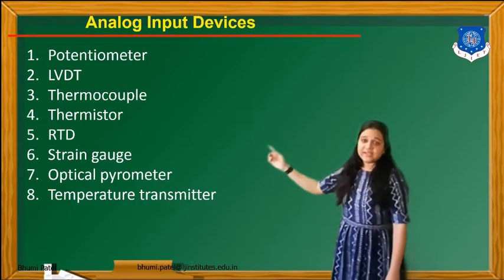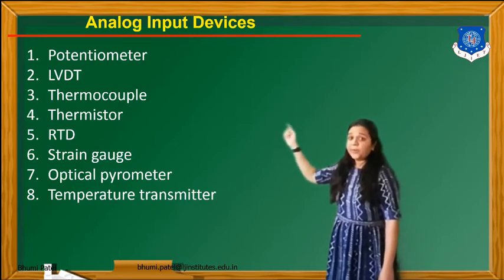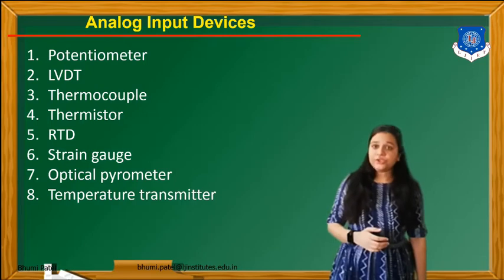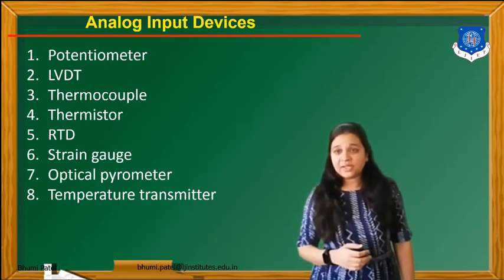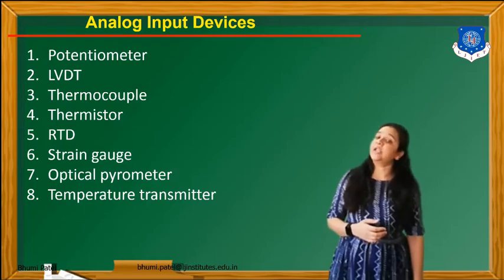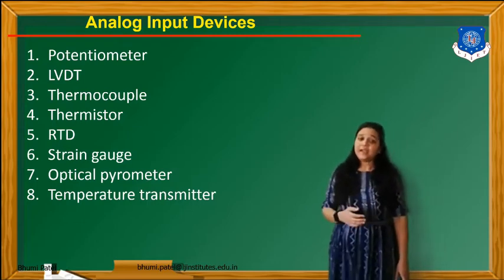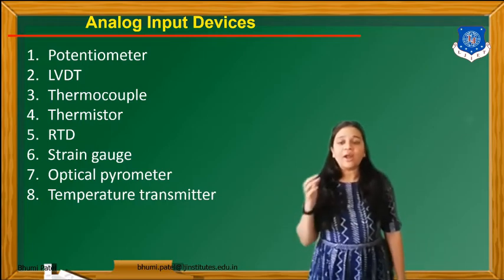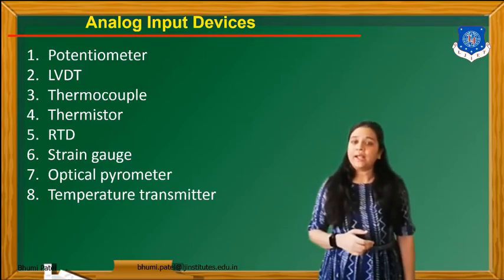Suppose one example is thermocouple, thermistor, and RTD. All three are used for temperature measurement. So if our project or system is regarding temperature measurement, then we will connect the thermocouple, thermistor or RTD as the analog input device.